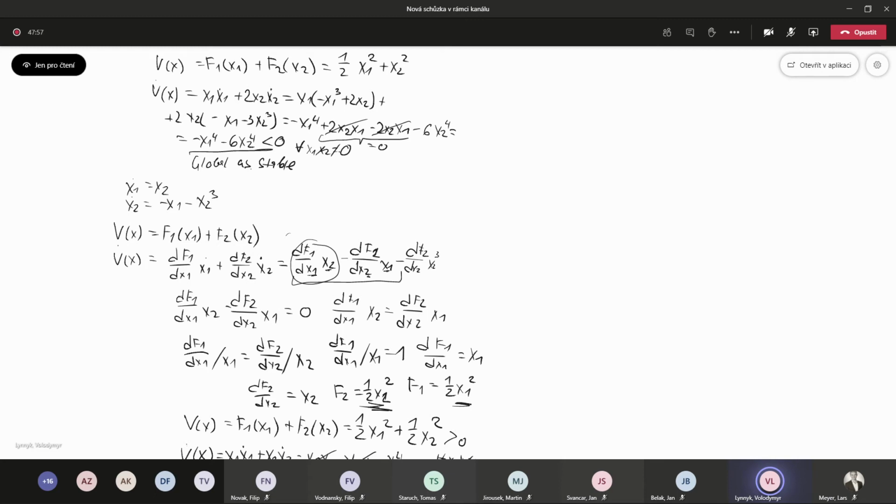And this is equal to minus x2 to the fourth degree, less than 0 for all x2 not equal to 0.